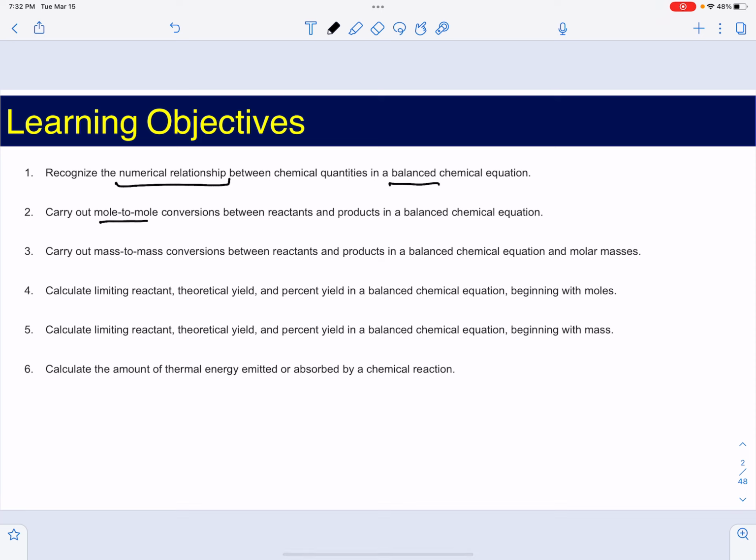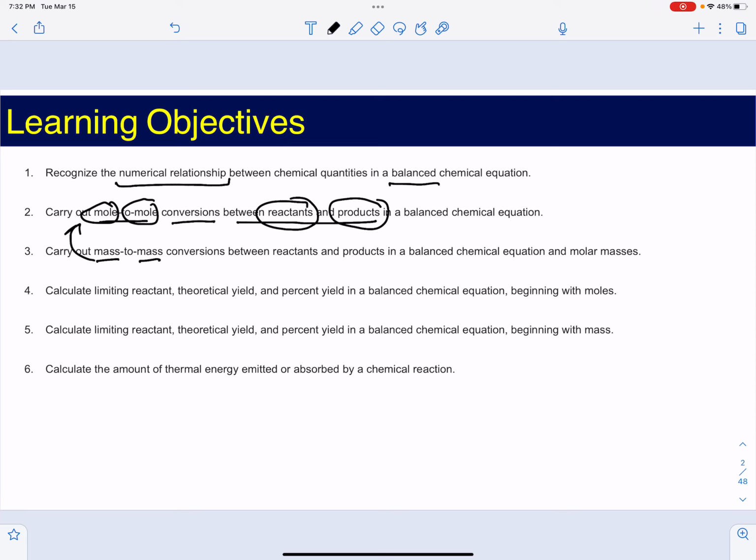So the mole to mole ratio, which is going to be a conversion factor, we're going to use it to do calculation between products and reactants. So if we can do it with moles, we can do it with mass also, because all you have to do is take the mass, find the molar mass of the atom or the element or the molecule from the periodic table, and convert it to moles, and then you can go back to number 2.